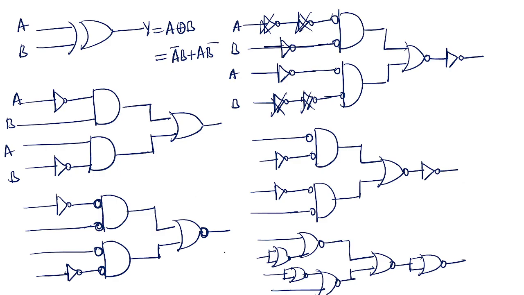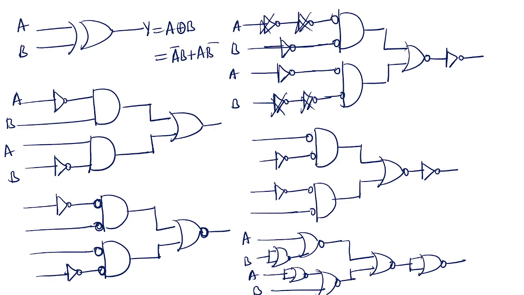Okay. So here A, B, A, B. So I can rearrange this gate like this. How can I rearrange? Here two inputs are there, A, B. These two NOR gates are there, and I'm combining them into one NOR gate.